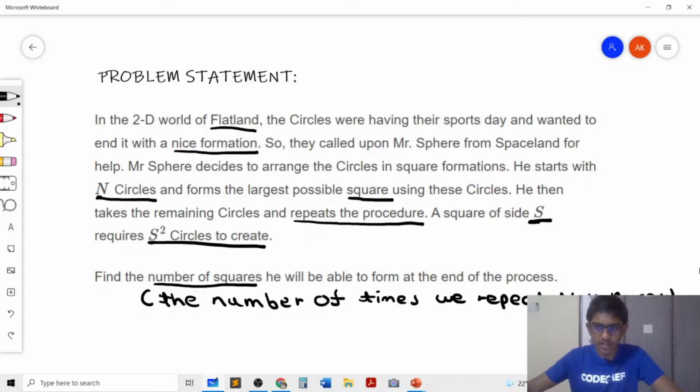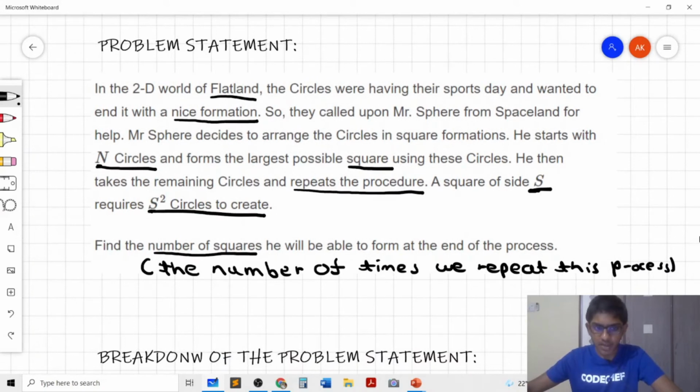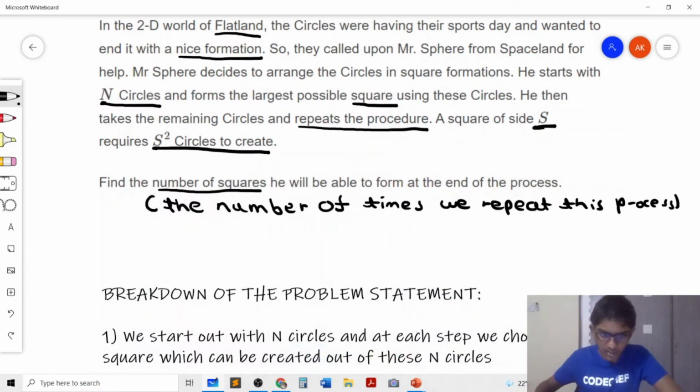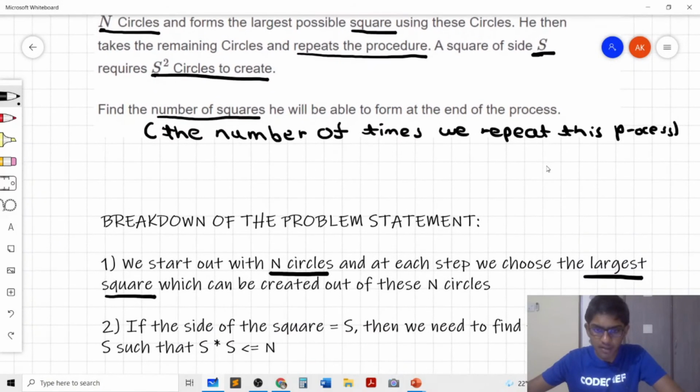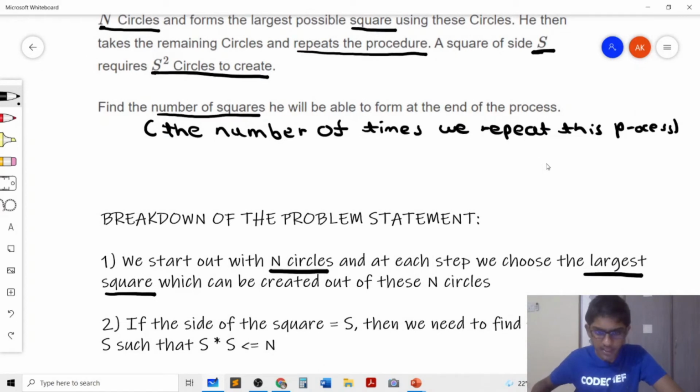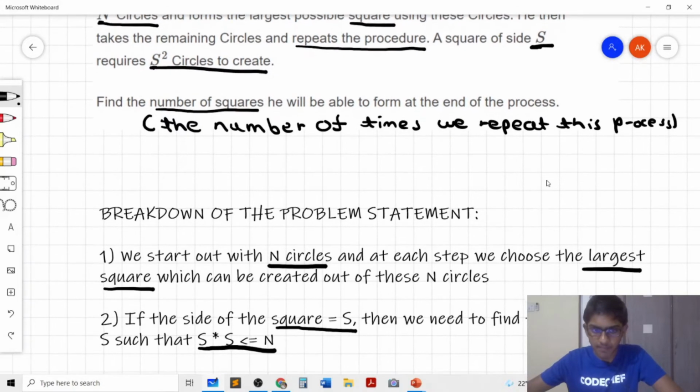To better understand the problem statement, let's break it down into 3 parts. First, we start out with n circles, and at each step we choose the largest square which we can create from these n circles. Then in the second step, we assign the side length of the square to be s, choosing the largest s such that the area of the square, s times s, is less than or equal to n.